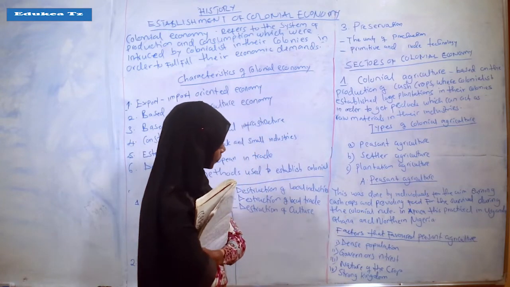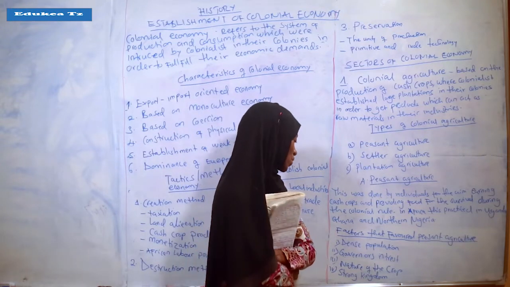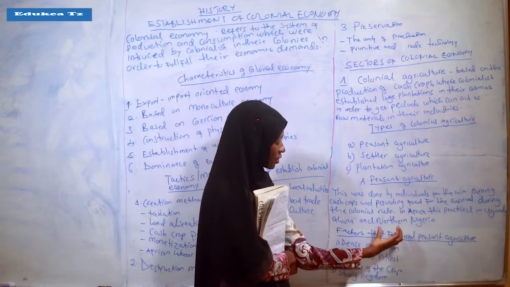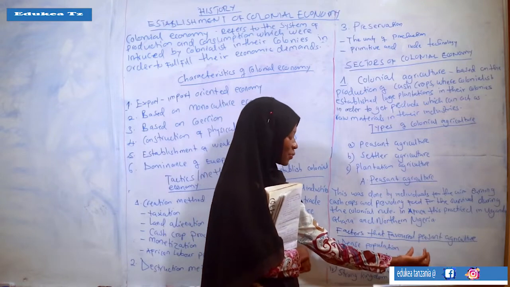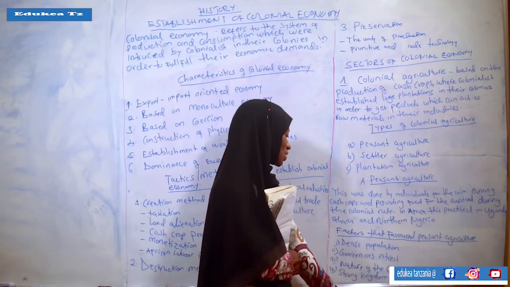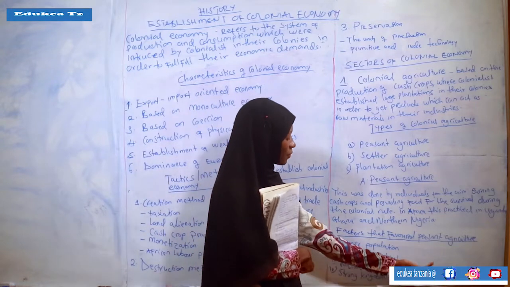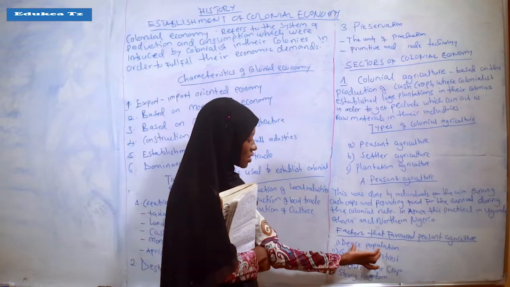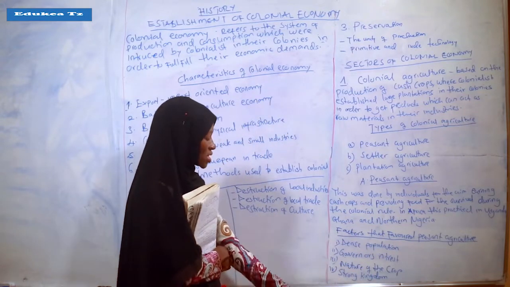Therefore, peasant agriculture was suitable. For example, areas like Uganda, Ghana, and northern Nigeria had dense, high populations. In these areas, Europeans failed to establish other types of agriculture. Rather, they decided to establish peasant agriculture, which they saw as suitable.